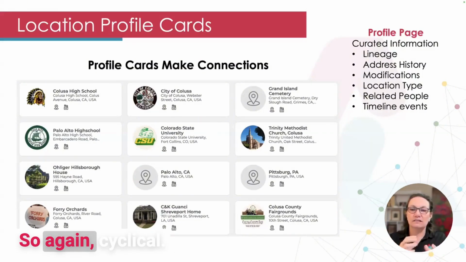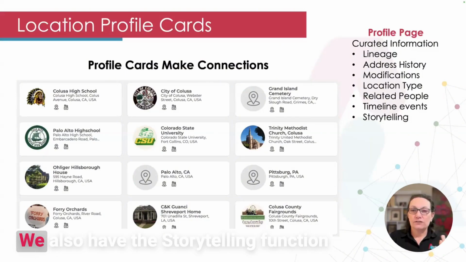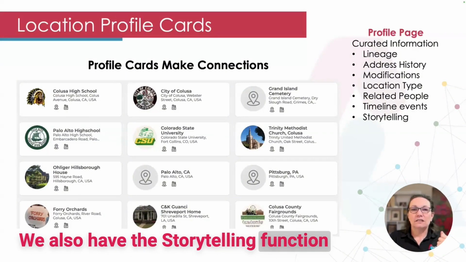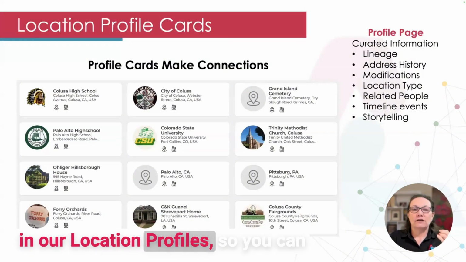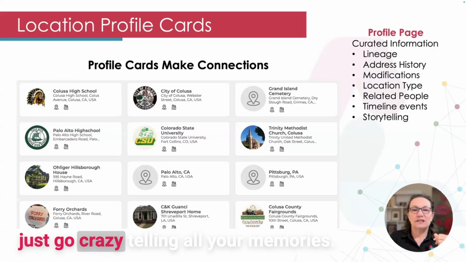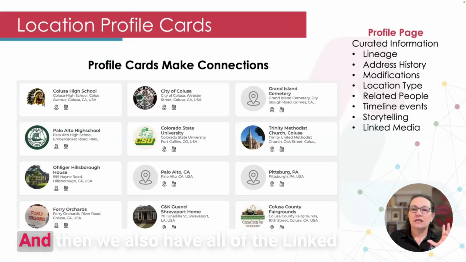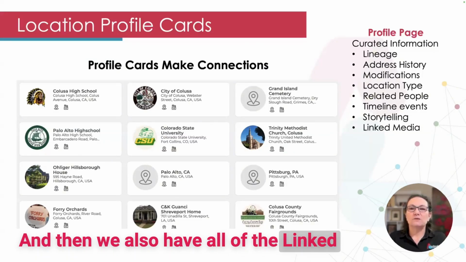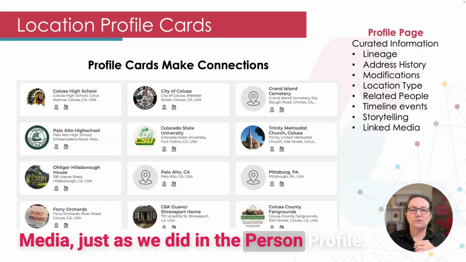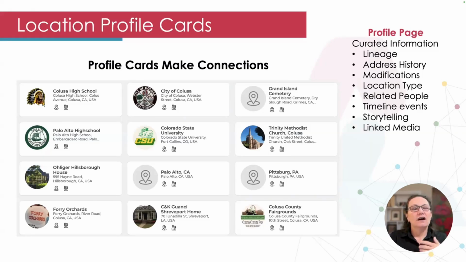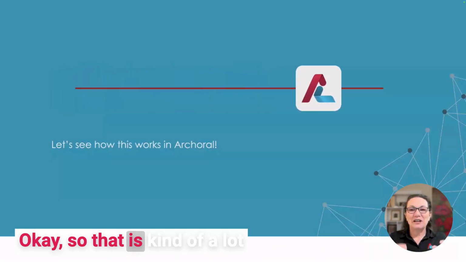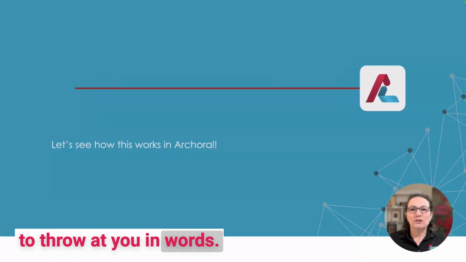So again, cyclical. We also have the storytelling function in our location profiles, so you can just go crazy telling all your memories. And then we also have all of the linked media, just as we did in the person profile. Okay, so that is kind of a lot to throw at you in words.